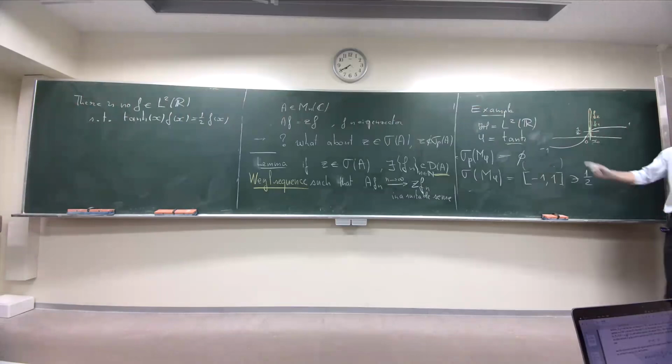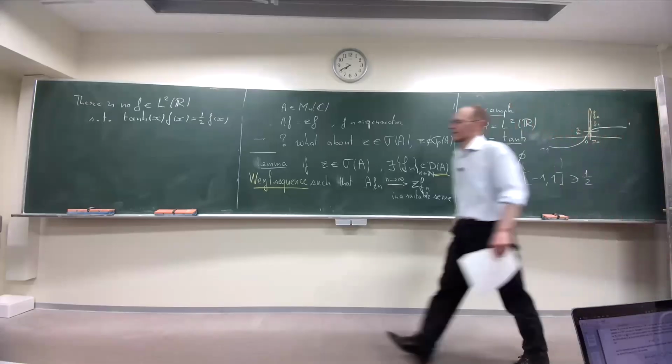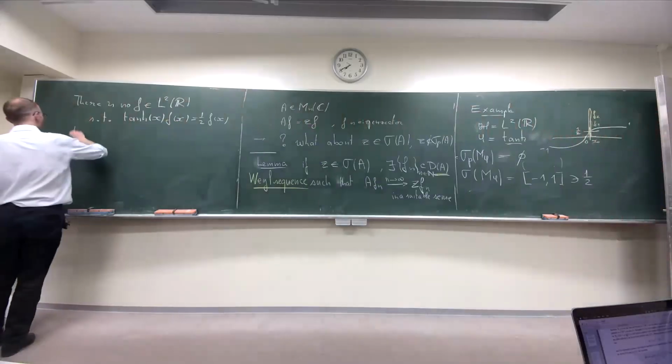Because if you keep this in mind, now push this function close to infinity, you will be as close as possible to 1. And at the end, you will not touch 1, but you will be as close as possible to 1, so you need to take the closure. So it's correct to take the closure. In fact, I can give you a lemma for this.